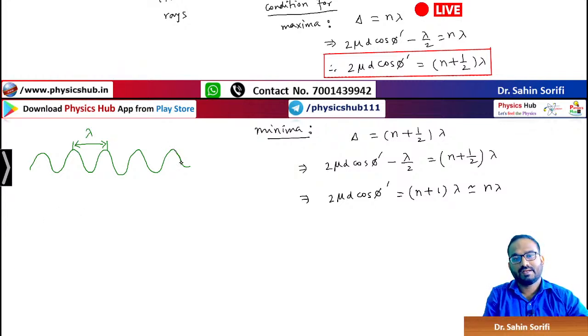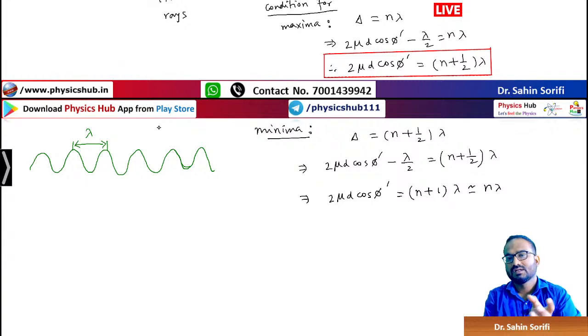So it is a wave train like this. So n plus 1 lambda means n plus 1 such units have been repeated to make up this wave. Now if you take out one such lambda from the wave, the condition of interference does not change. That is why we can approximate n plus 1 lambda to n lambda, and because of that we get our minima condition: twice mu d cos phi prime is equal to n lambda.